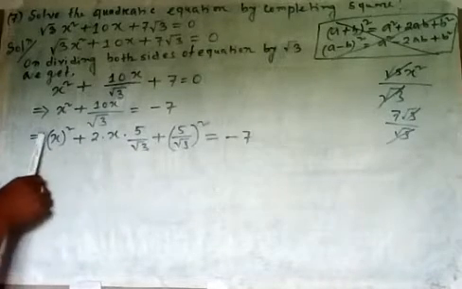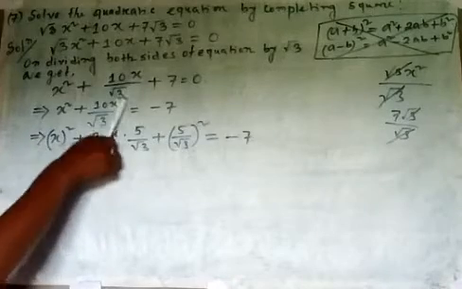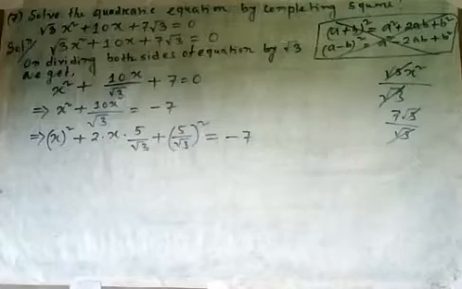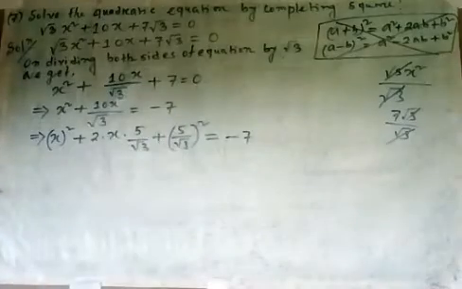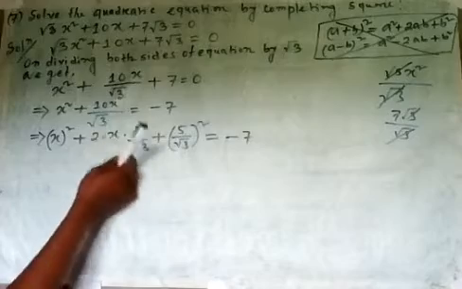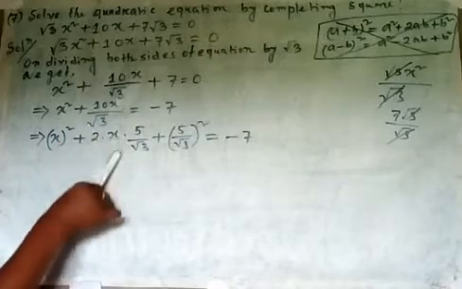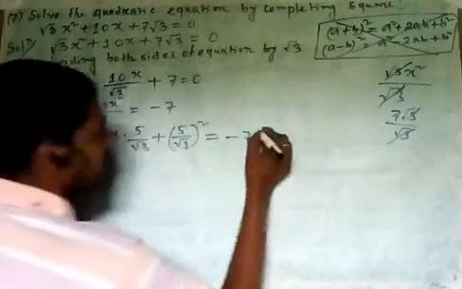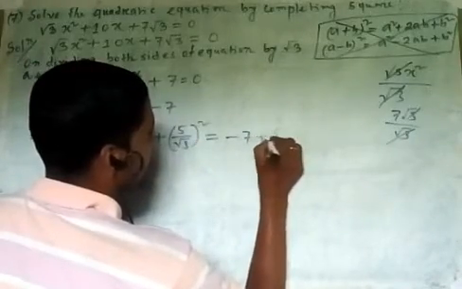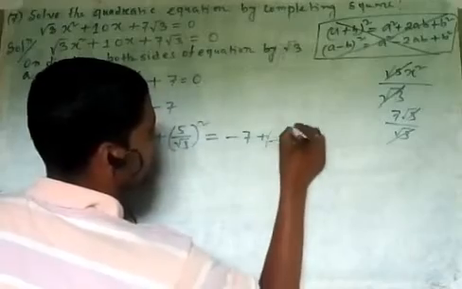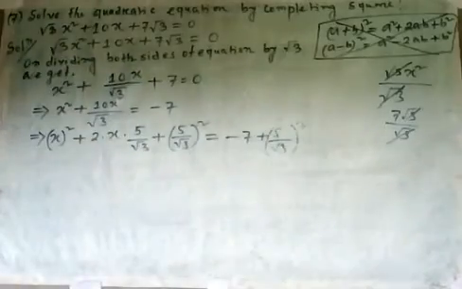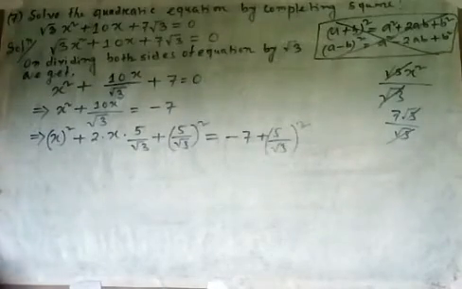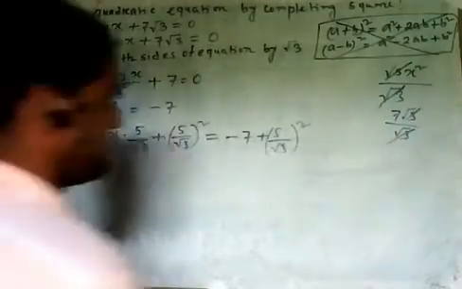So if you compare the previous expression and this expression, this 5 by root 3 whole square is not the same as in the previous expression. So this we have to add.